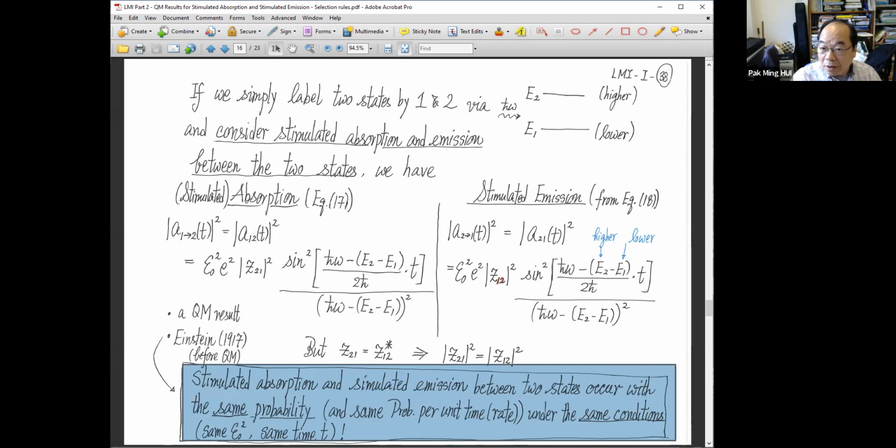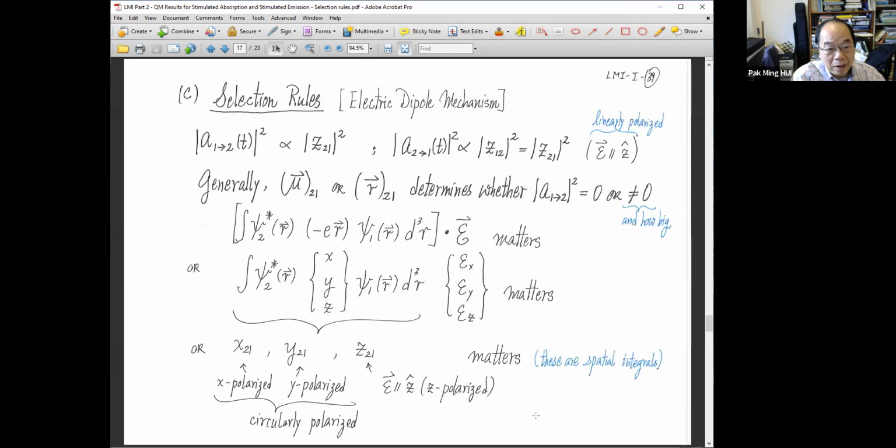Later on, we will have a discussion on Einstein's famous work proposing the stimulated emission process before quantum mechanics was established. In his analysis, he also gets this result, the one that we highlight here. So it's rather magical. But here we get it step by step.